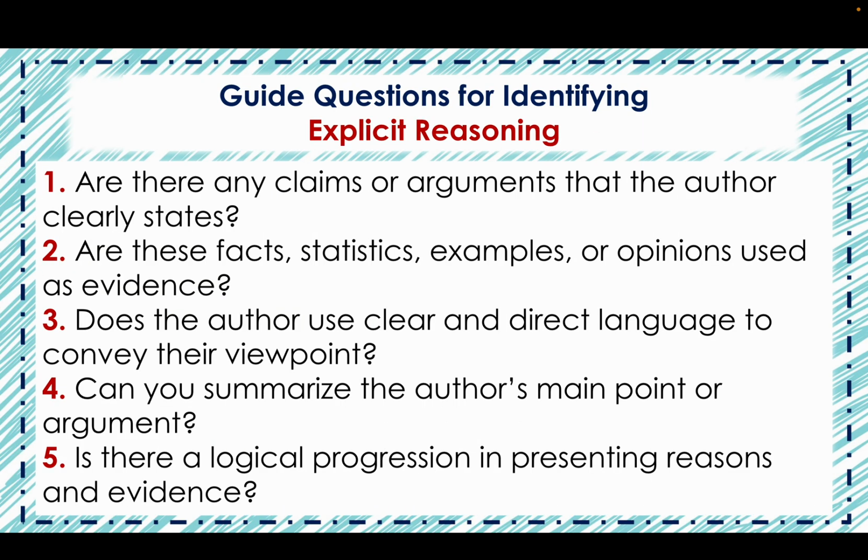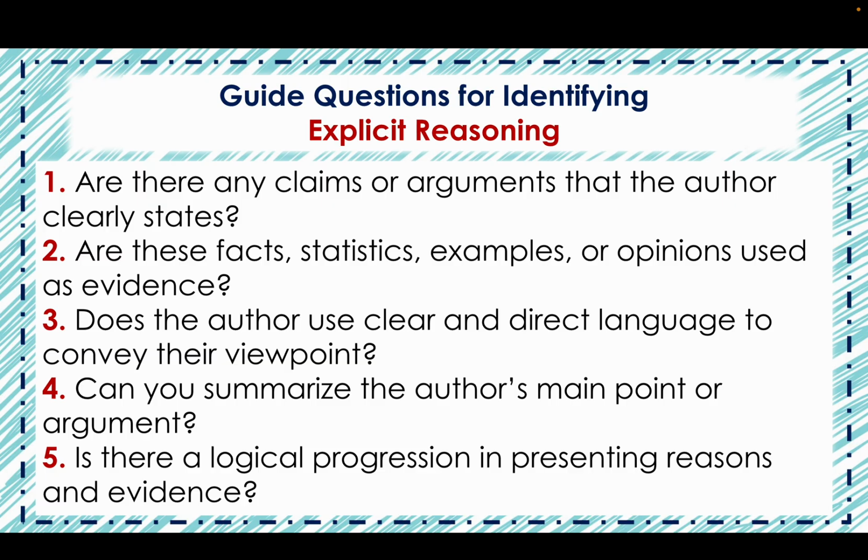So, what are the guide questions that you need to answer when you're identifying explicit reasoning in a text? We just have to read these questions and check whether you have this or not in the text that you're reading. So pause the video. And by the way, you also have this entire PowerPoint presentation on your Google Classroom.